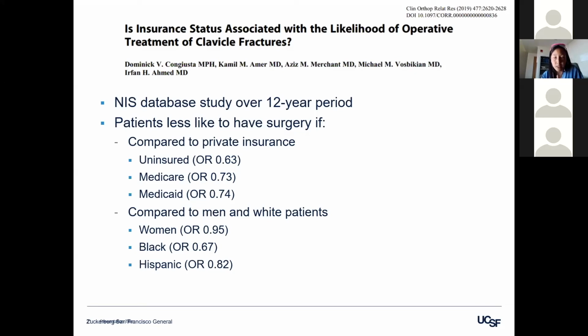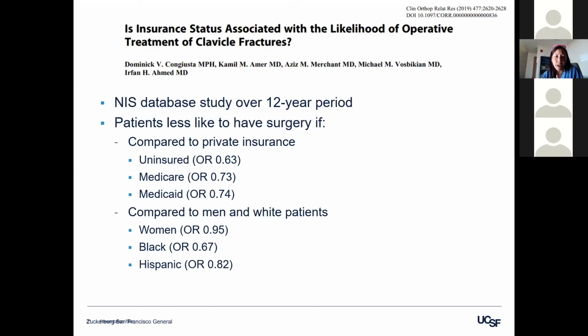To address the question about diversity, there's a study that looked at whether insurance status and socioeconomic status affect operative treatment of clavicle fractures. This was a National Inpatient Sample database study, so it has all the weaknesses that come with database studies.